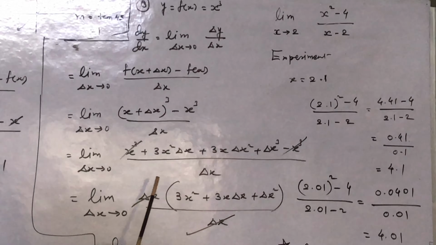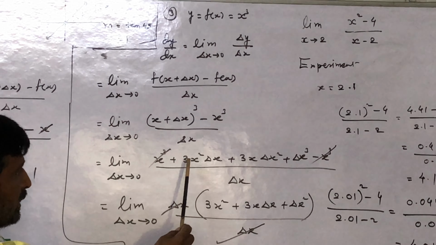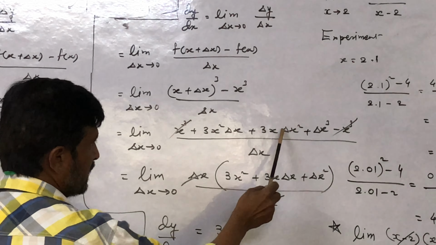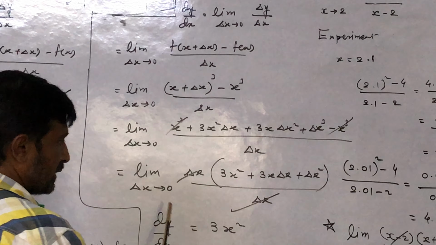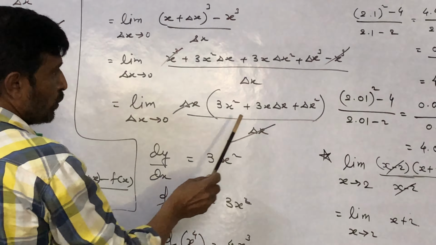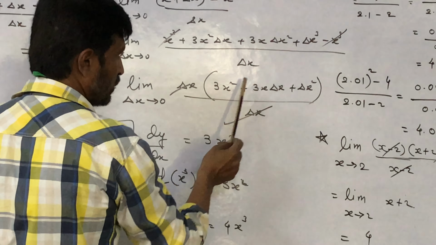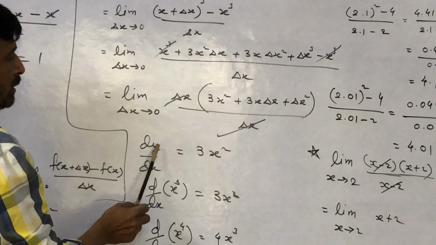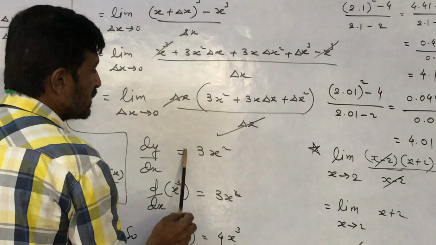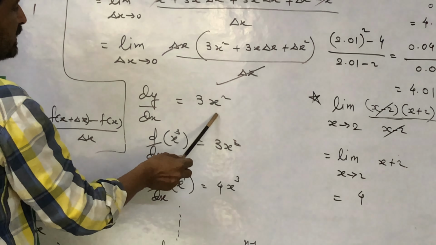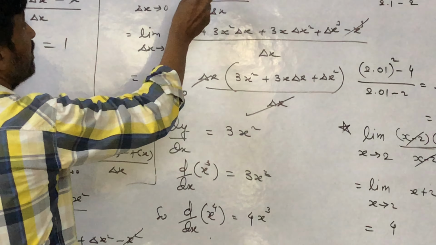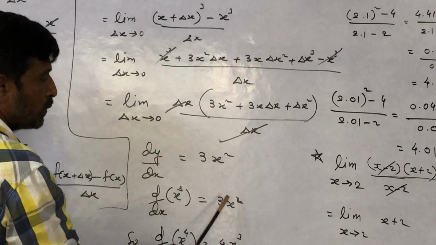This will cut out. Now taking common delta x, 3x square plus 3x delta x plus delta x square, over delta x, delta x cuts out. So as delta x tends to 0, this term is going towards 0, this term is going towards 0, it's constant. So as a whole, this expression is going towards 3x square. So dy by dx is 3x square, but what is y? y is x cube. So d by dx of x cube is 3x square.